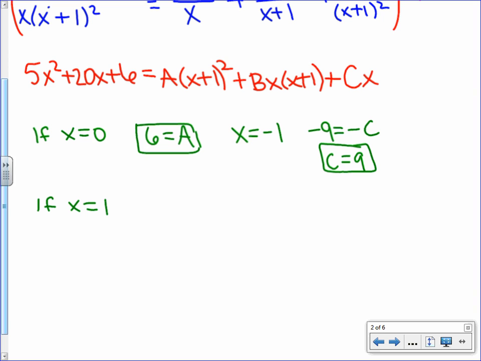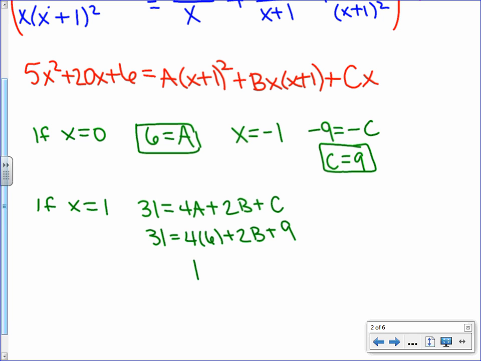What happens when we plug in 1 over here? 5 plus 20 plus 6. What happens when we plug in 1 here? 40. Here? 2. Plus. But we know A and C, don't we? A is 6. And C is 9. So what is B?